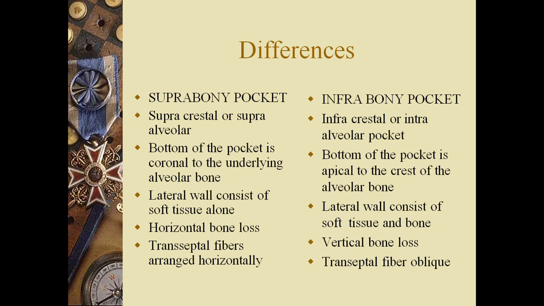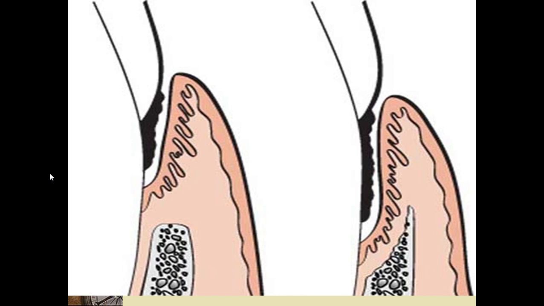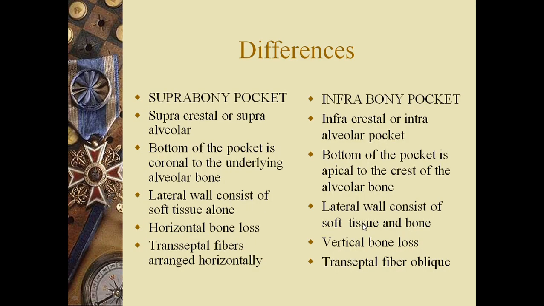Let us see. Lateral wall consists of soft tissue wall only. But in infrabony, the lateral wall has not only the soft tissue but also the bone. So in suprabony the lateral wall consists of soft tissue only. Horizontal bone loss will be there.